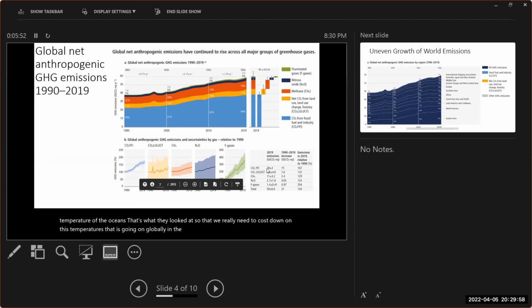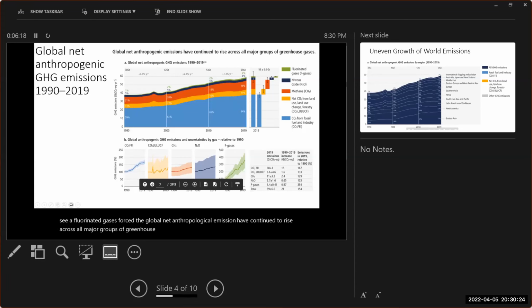This is the first of the graphs that I'm talking about. Look at the legends on each of them. I'm going to go to the next screen here. We see fluorinated gases. First, the global net anthropogenic emissions have continued to rise across all major groups of greenhouse gases.